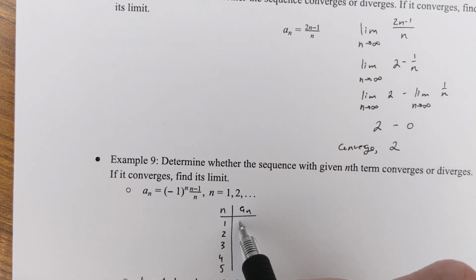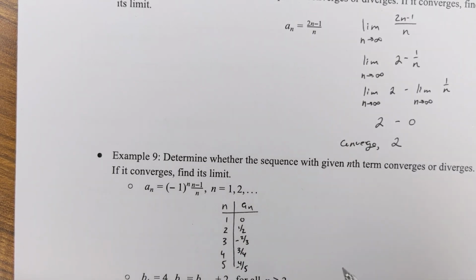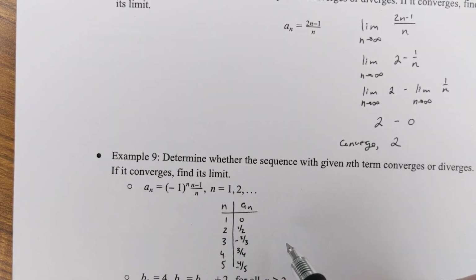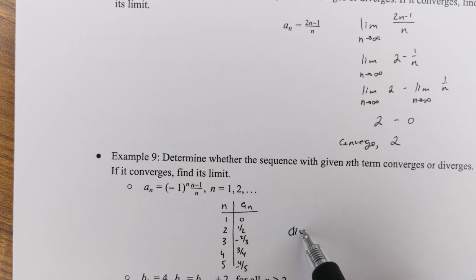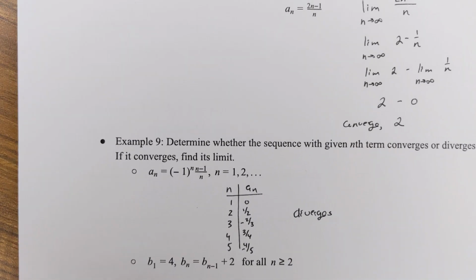So 1 was 0, and 2 was 1/2, and then negative 2/3, and then positive 3/4, and then negative 4/5. So if you look at these values, they're bouncing back and forth. And if you remember the graph, it went up, down, up, down. So since it never settled on a value, the limit doesn't exist, which means this diverges.